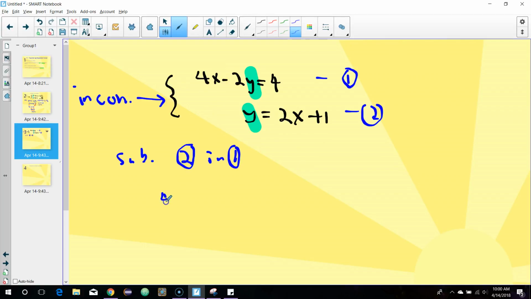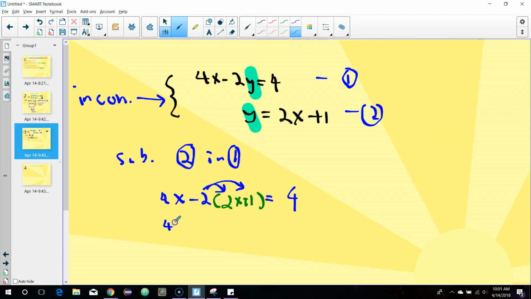So 4x minus 2, I'm copying the first equation and change everything in there to 2x plus 1, which is equal to 4. Then, just like on Monday, you have to distribute this.